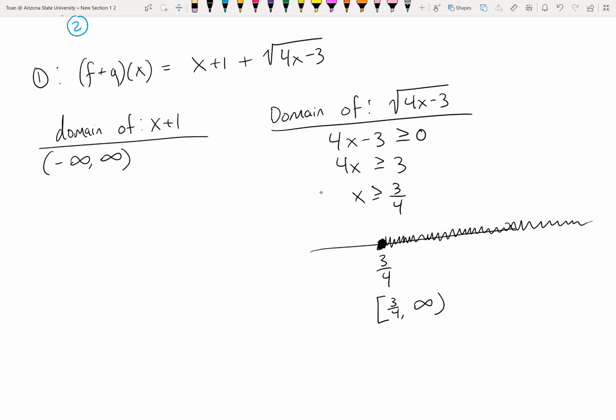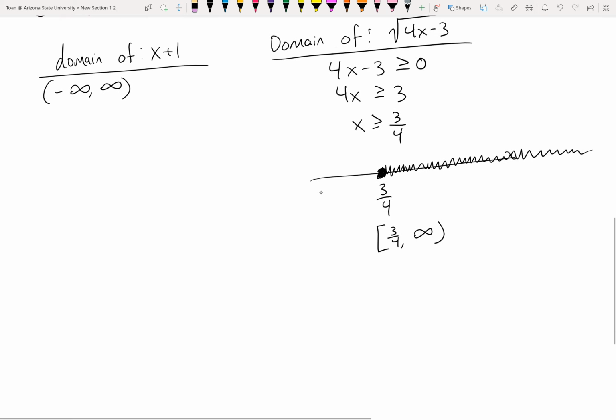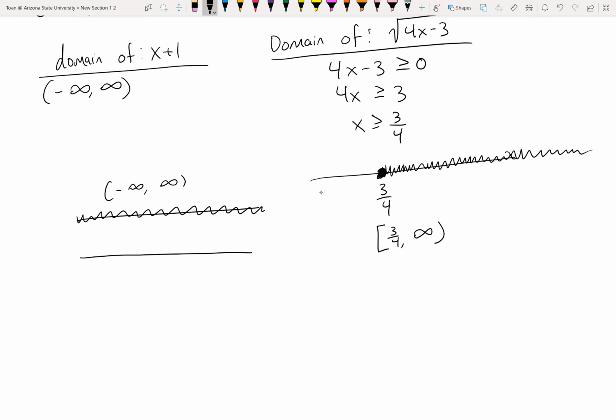So what is the overall domain? Well, let's put these two number lines together. All real numbers looks like everything shaded, right? So this is negative infinity to infinity. The domain of the g function was 3/4 to infinity. So I'll write this over here, 3/4, comma, infinity. I hope this is a purely visual thing.